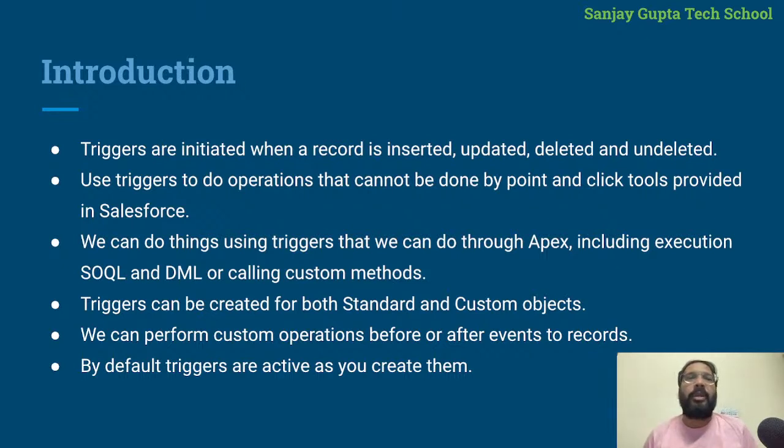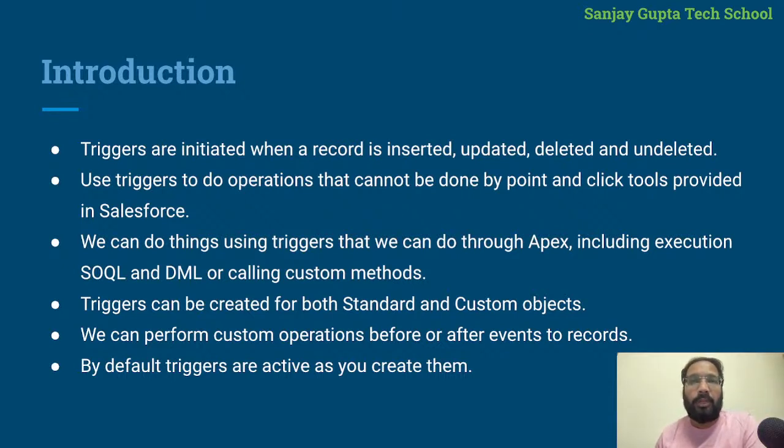So triggers can be created for both standard as well as custom objects, and we'll be doing it for both. In the demonstration, I will be using a standard object, but in our exercise sheet, I will put some scenarios around custom objects as well, so that you can prepare yourself well. We can perform custom operations before or after an event. This is very important. The second last point is very much important.